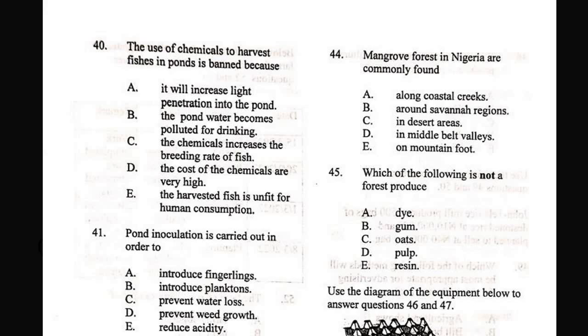E, the harvested fish is unfit for human consumption. Alright, the correct answer is E. The use of chemicals to harvest fishes in ponds can leave harmful residues in the fish, making them unsafe for human consumption. So, the right answer is the harvested fish is unfit for human consumption.